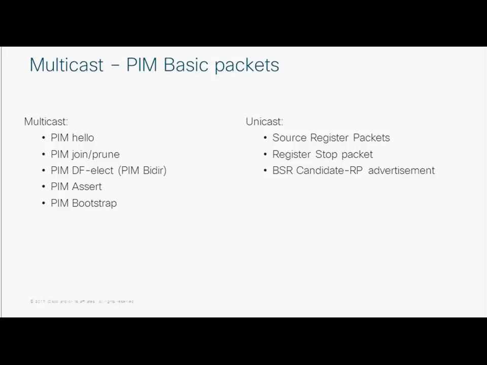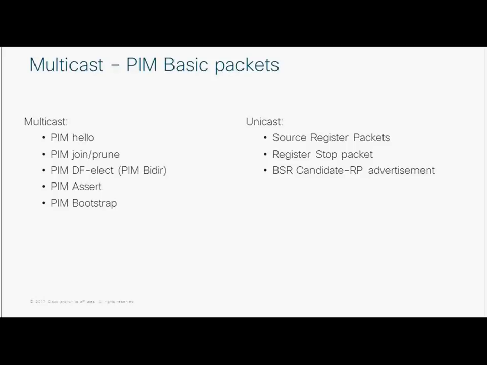Okay, and we have signaling, as I mentioned, like join/prune. This is used to indicate to the RP when we have a receiver that wants to join a group, or the DF select for PIM BIDIR, which we will discuss today. Okay, the PIM assert, which will decide which is the best way to take for a flow of multicast.